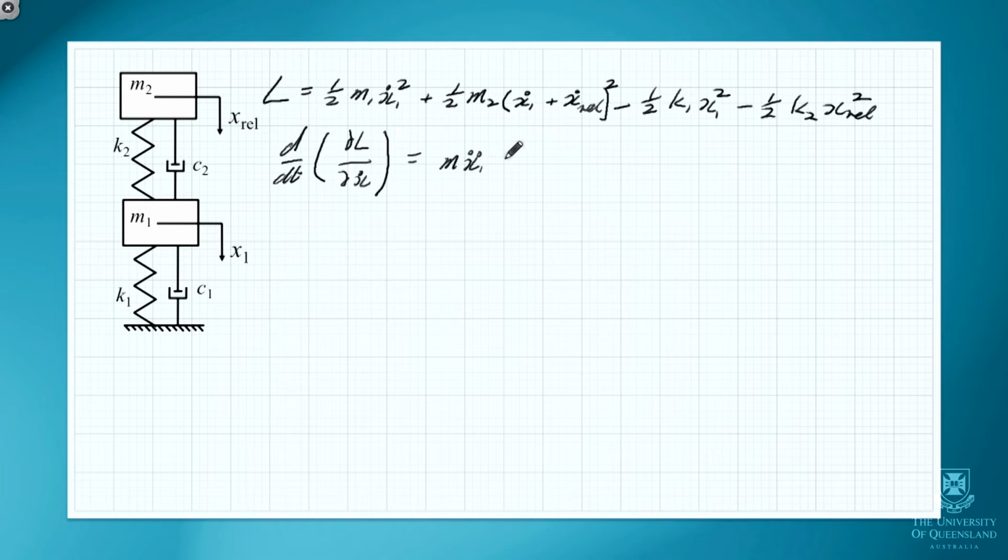The second term there, we've got an expression in brackets, so differentiating that, a half m2 expression in brackets squared just becomes m2 times expression in brackets, except we also have to differentiate with respect to time, so once again we get double dots.